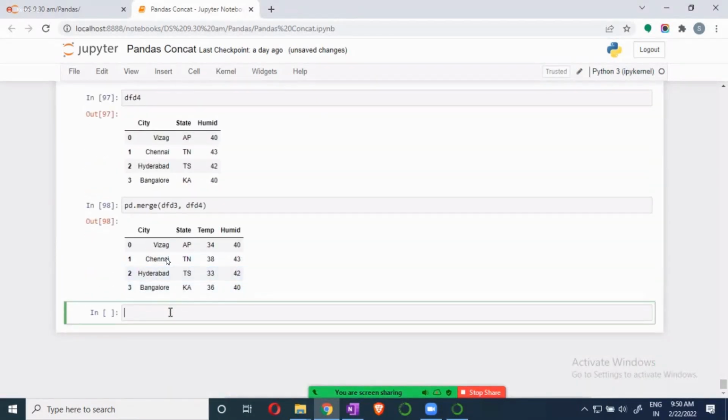Now, if I want to merge with a single column, df_d3, df_d4, how will I do it? on equals to, on what basis you want to do it? City. Okay, I'll do it with city over here.